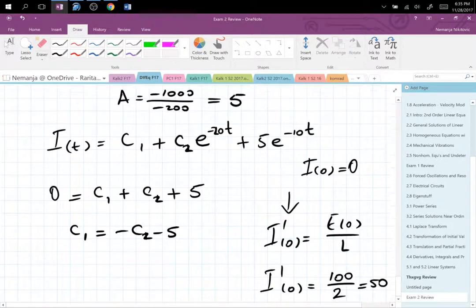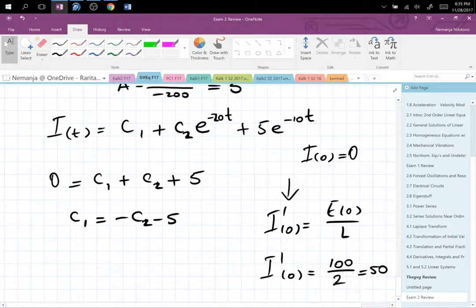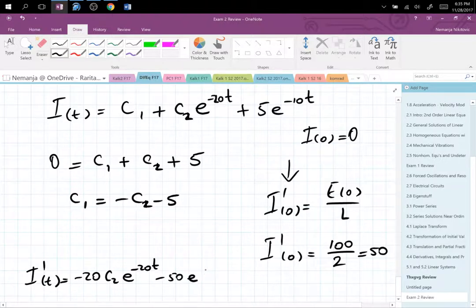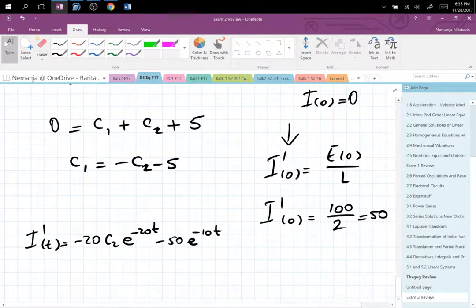Good. Now I prime of t is negative 20 C2 e to the negative 20t minus 50 e to the negative 10t. And when we plug in the condition, do we have conditions for this? Yeah, right here, 50.